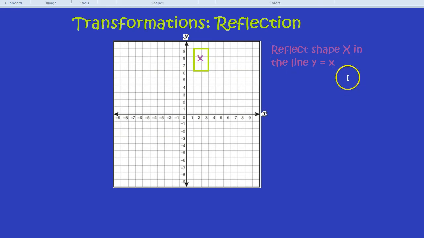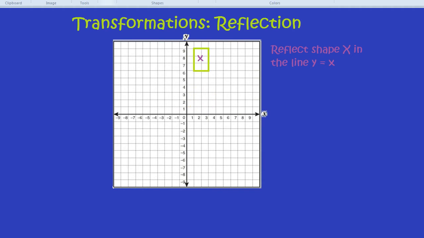Okay, you might be thinking, well, I'm going to do that trick of counting to the line. And yes, we are. But first, where is the line? What is the line y equals x? Where is that? The line y equals x appears whenever y equals x. So for example, here y is 2 and here x is 2.